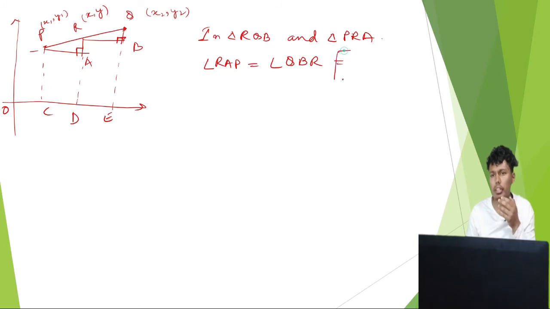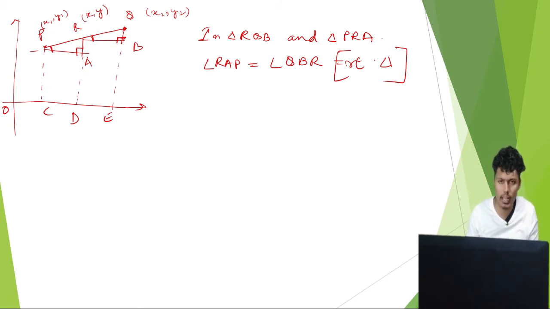Why? Because it is a right triangle, 90 degrees, both are equal. Another thing to understand is that this angle is equal to this angle, which I've already explained.